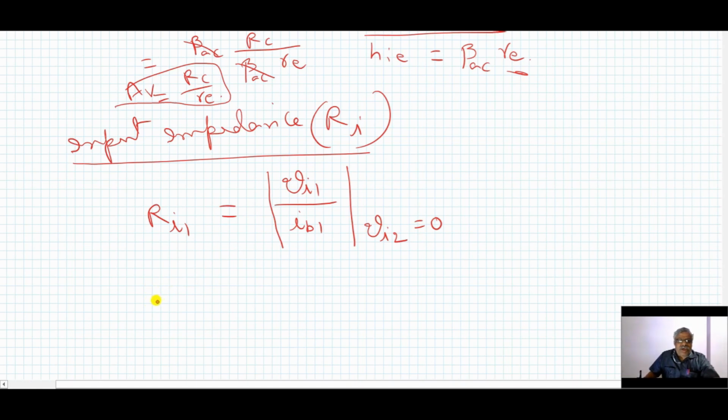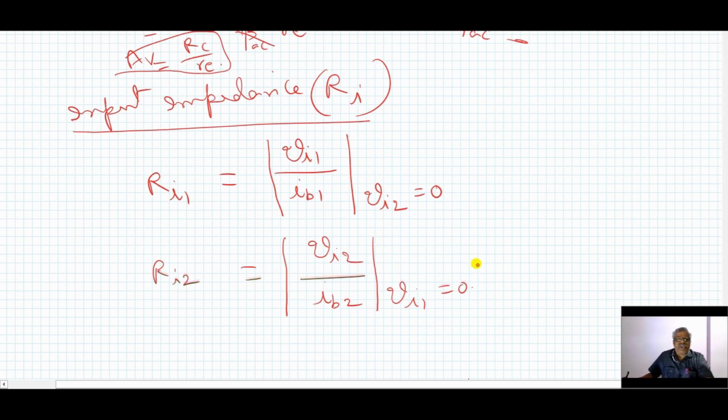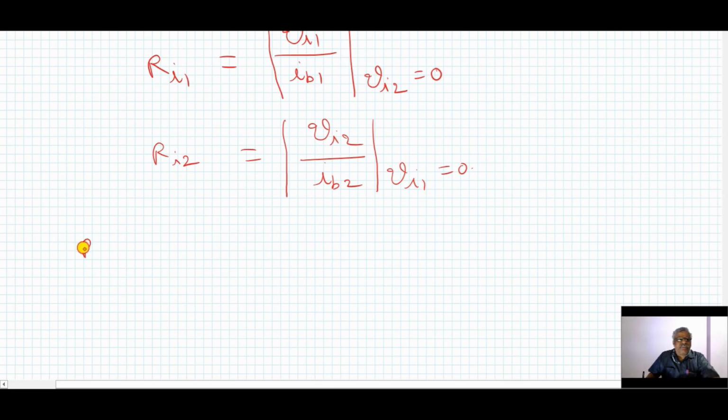And if you consider the other transistor, then the input impedance can be written as RI2. It is defined as the ratio of VI2 divided by IB2 when VI1 is set equal to 0. By using these simple definitions, we can calculate the input resistance. So first, RI1 is equal to VI1 divided by IB1.